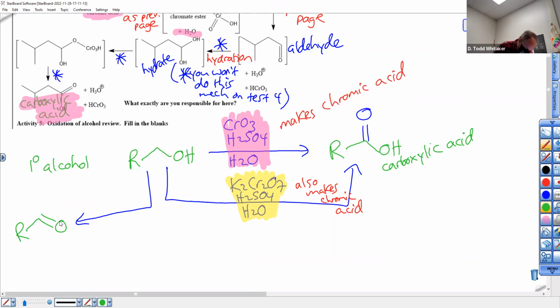It's a different chromium. Here it is. It's got a chlorine on it. Oh, and it's a chromate ion. And it's got this species here.